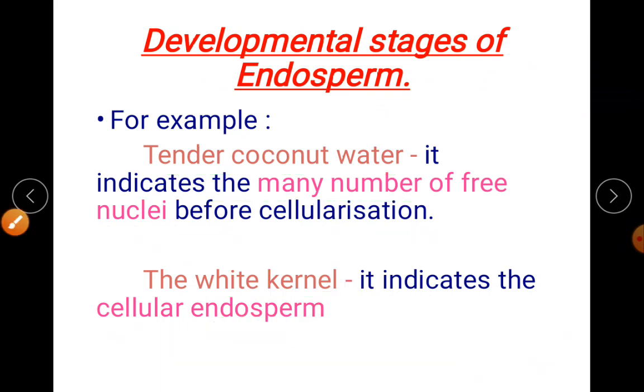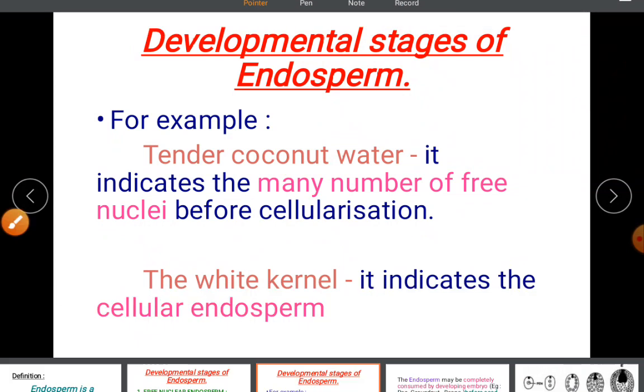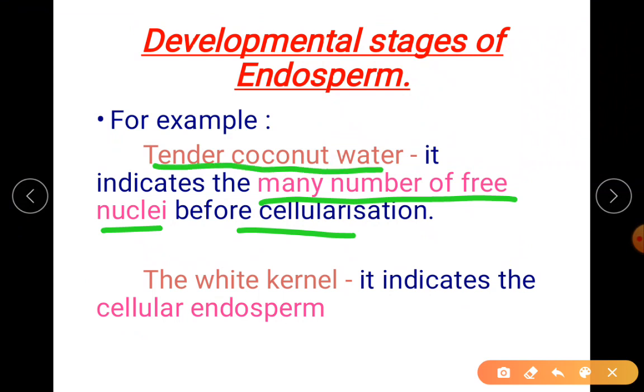So I hope you are getting the idea. In free nuclear division, a number of free nuclei are formed before the cell wall is formed, and then a cellular structure forms. That is your example, tender coconut water.